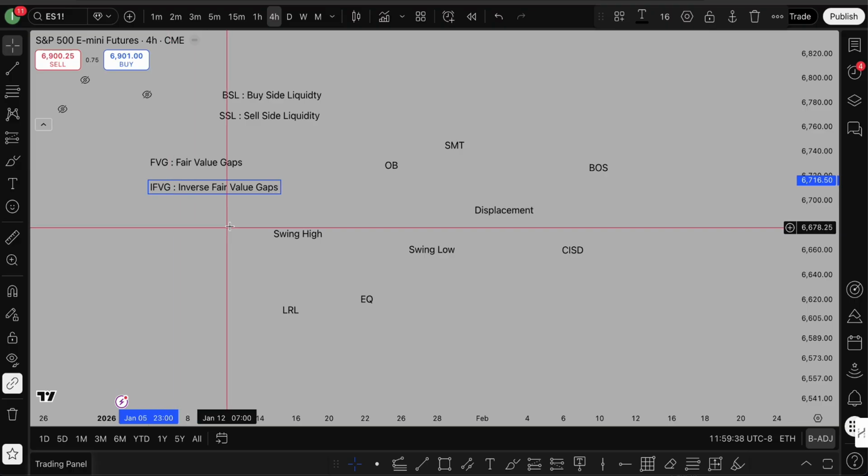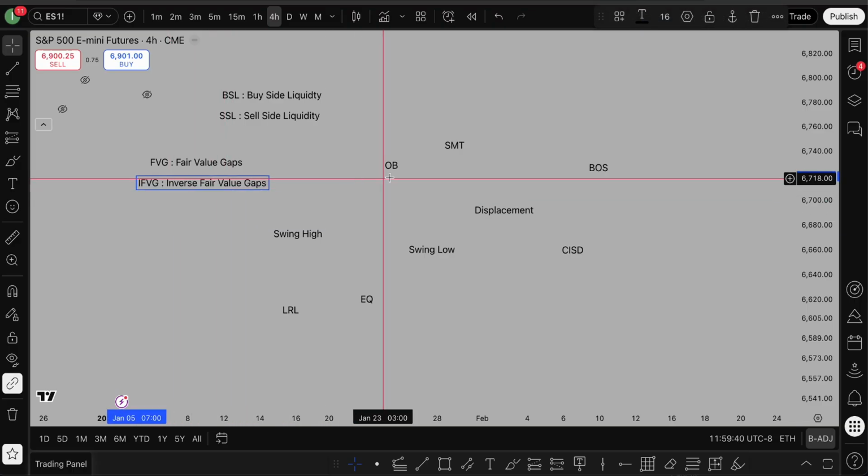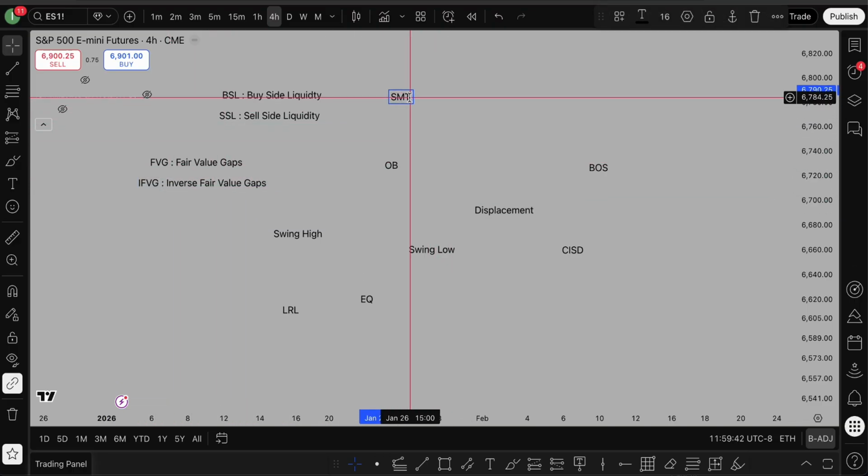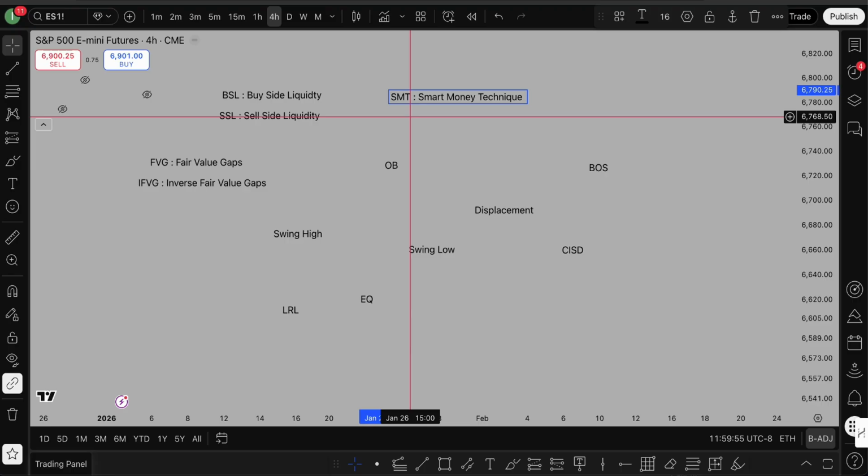And then SMT just stands for smart money technique, or some people like to call it a smart money tool, so you could call it that as well.